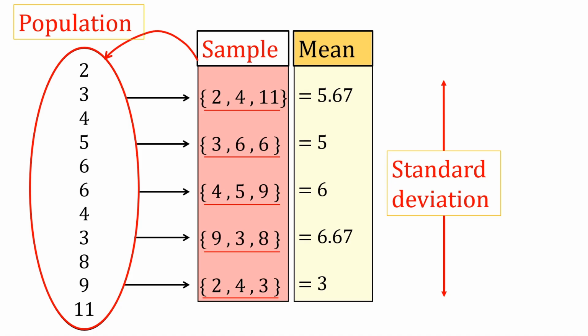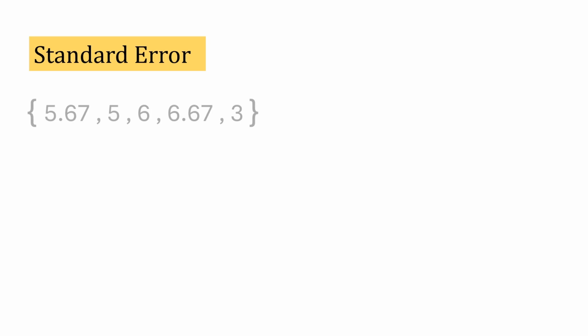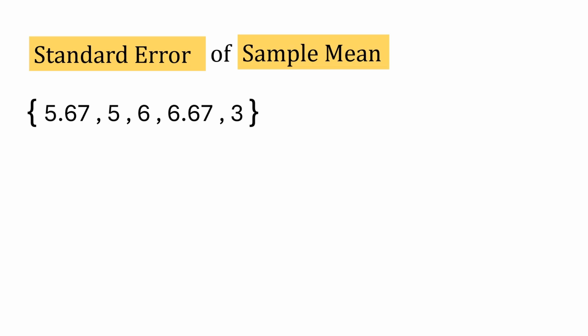Let's calculate the standard error of the example we have just taken. These are the 5 sample means that we calculated for the 5 samples, and the standard error of the sample mean is the standard deviation of these sample mean values.